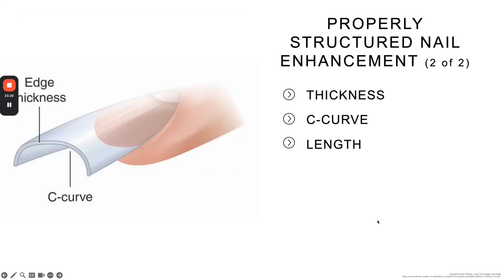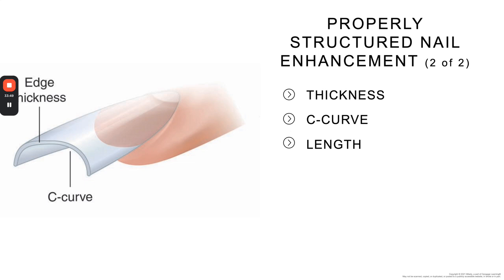All right. And then as far as the thickness of the nail enhancement, I've already mentioned it, but it should be thin so that the client can wear them comfortably throughout the day. The only thick area should be the apex area.